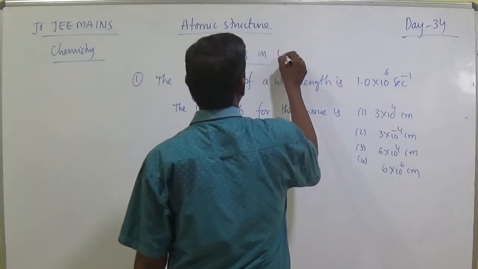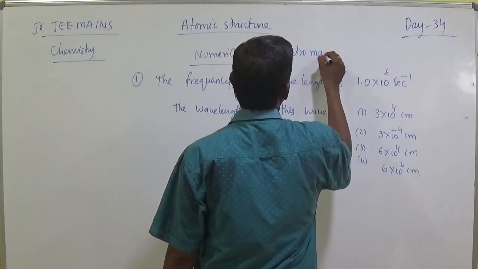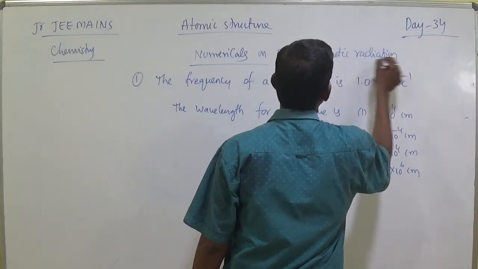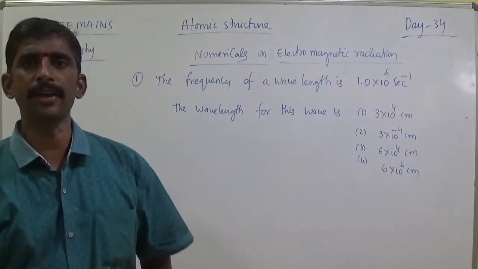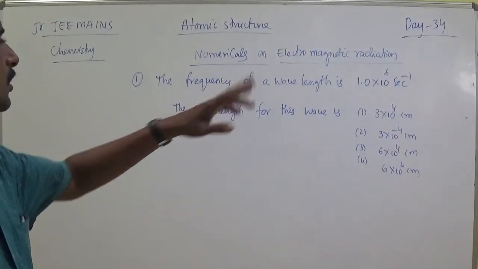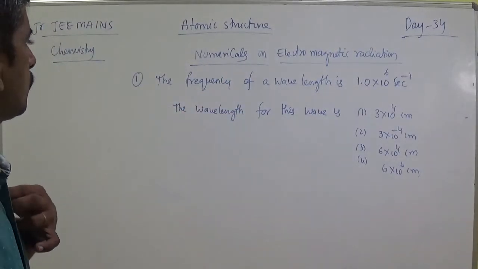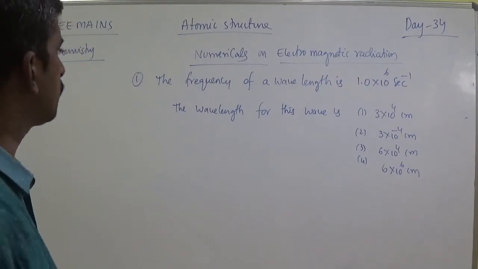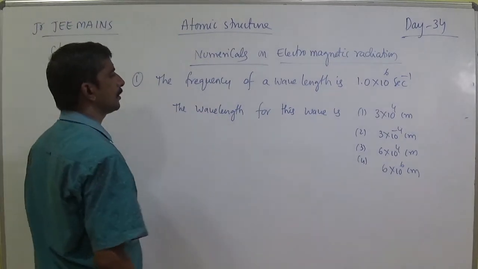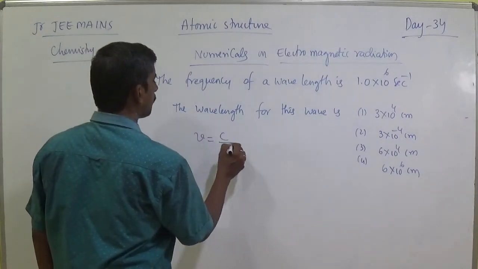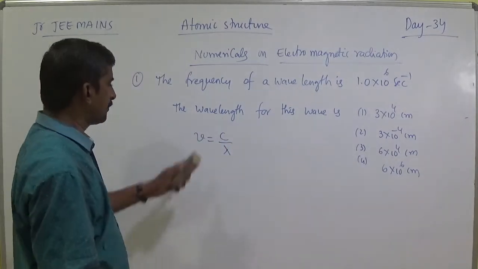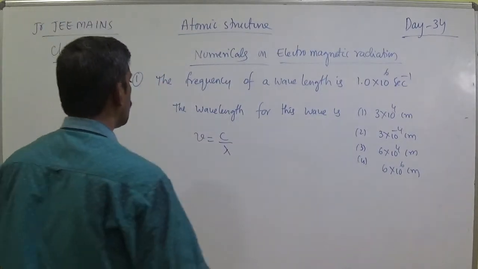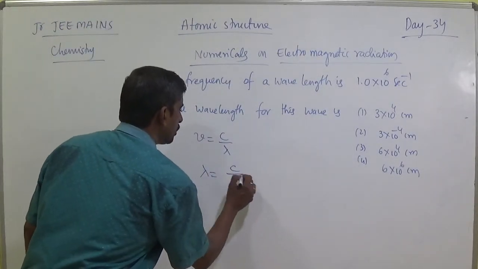Numericals on electromagnetic radiation. In this case, my dear students, the frequency is given and they asked the wavelength, in centimeters. So simply mu equal to c by lambda, so lambda equal to c by mu.